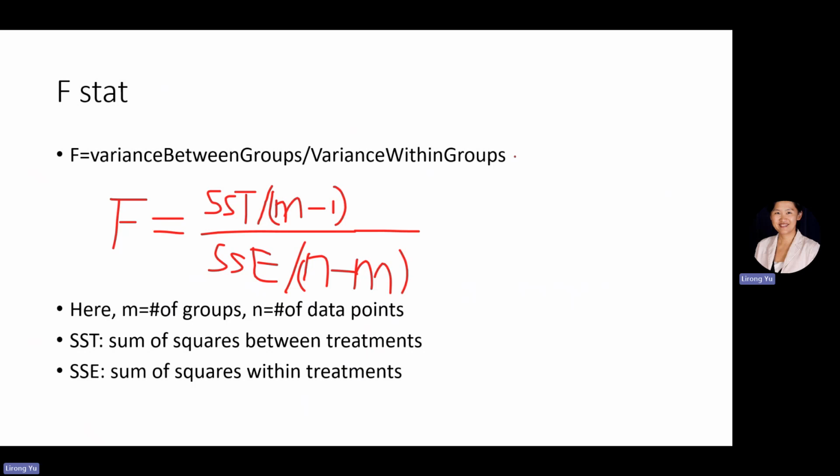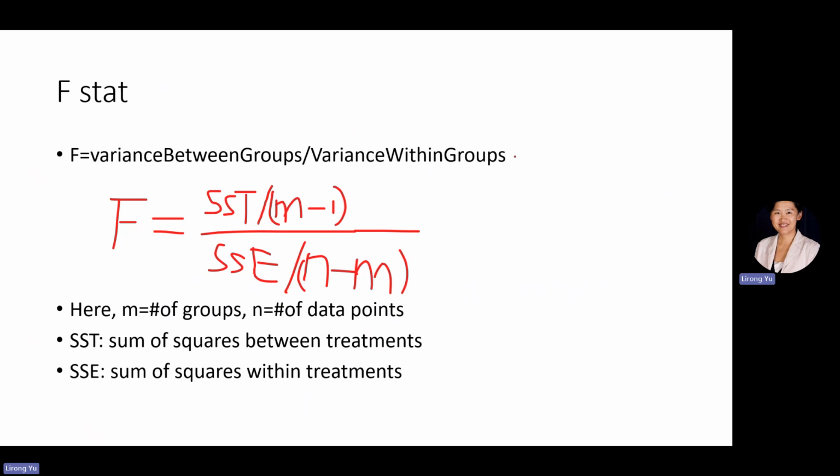If the F is high, that tells us group 1, group 2, group 3 are very different, right? It really highlights the difference between the groups. But if the variance between the groups is small compared to the variance within the groups, meaning they are pretty much the same or even smaller, then a smaller F value indicates the difference is really not that high.